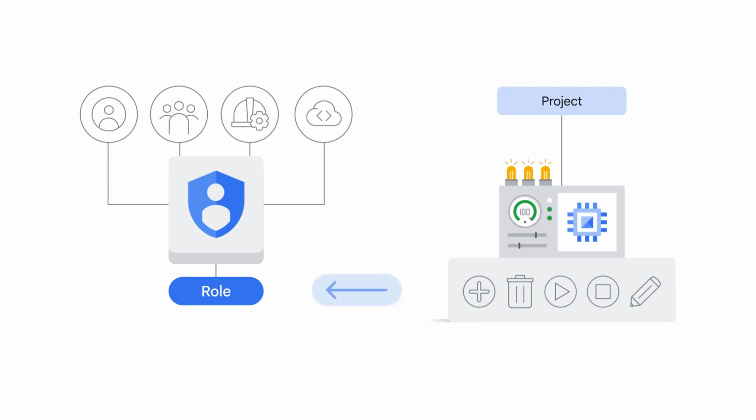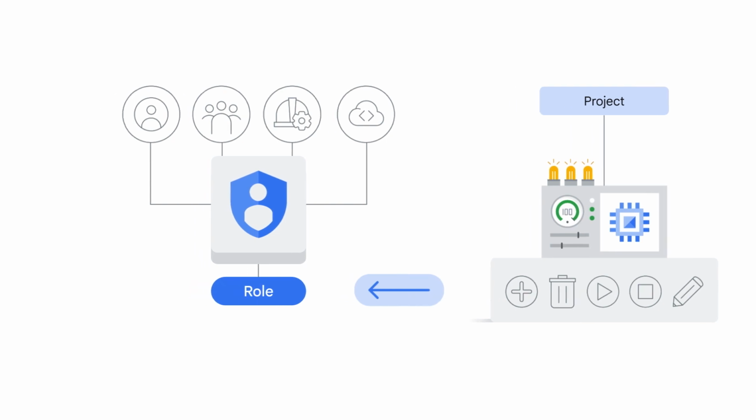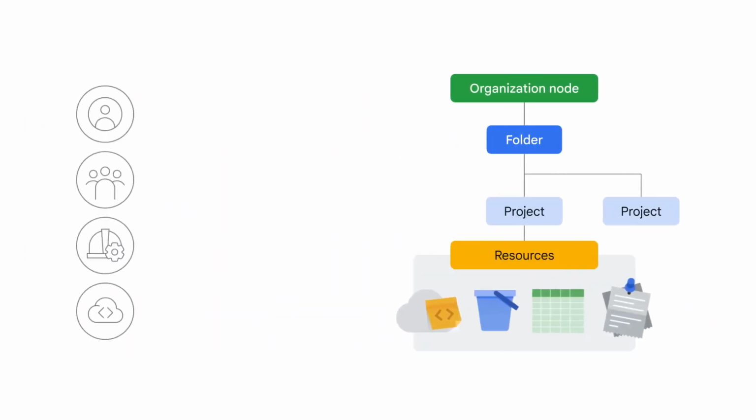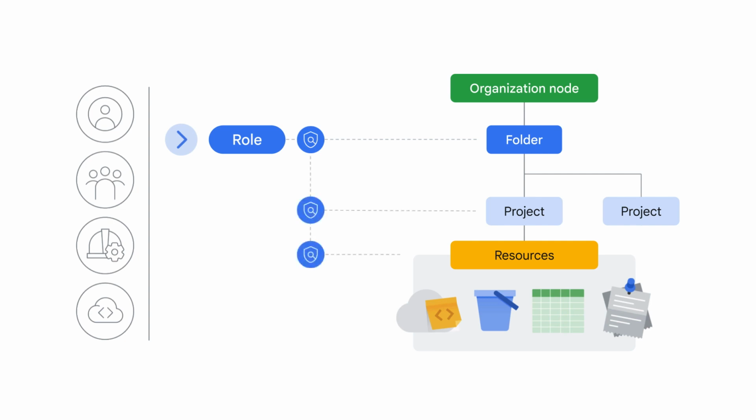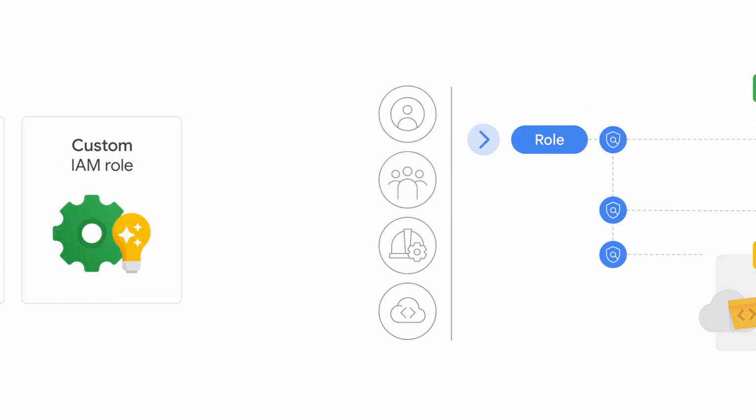So these permissions are grouped into a role to make them easier to understand and easier to manage. When a user, group, or service account is given a role on a specific element of the resource hierarchy, the resulting policy applies to both the chosen element and all the elements below it in the hierarchy.